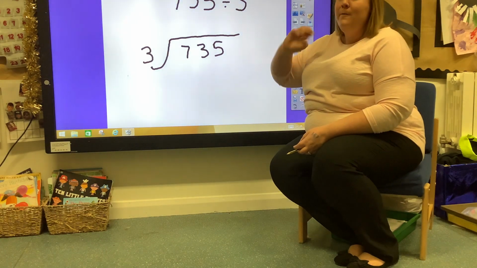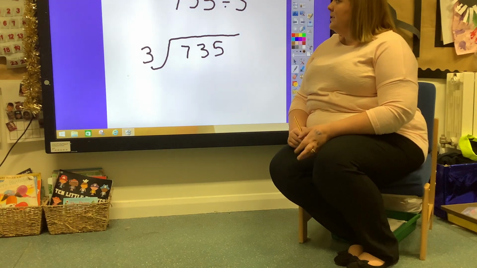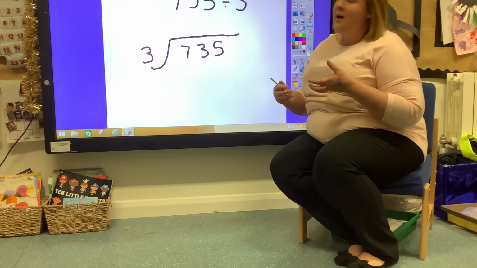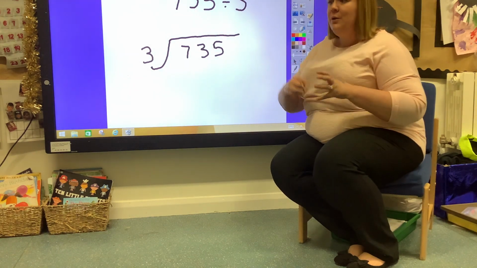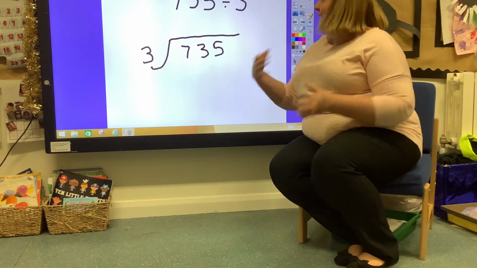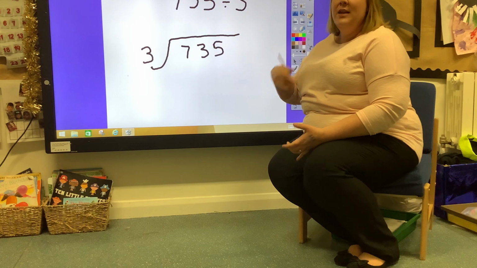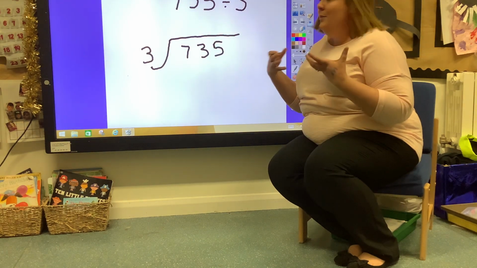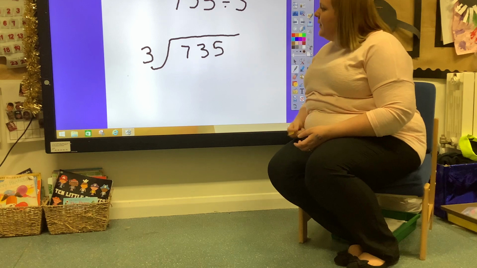How many groups of 3 can I fit into 735? Of course, we also want our children to recognise that 735 shared into 3 groups is equivalent, is the same. But for the written method, the understanding behind the written method and why it works, we are thinking about how many 3s fit into 735.